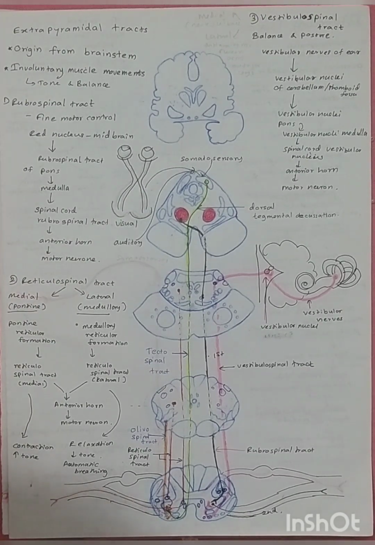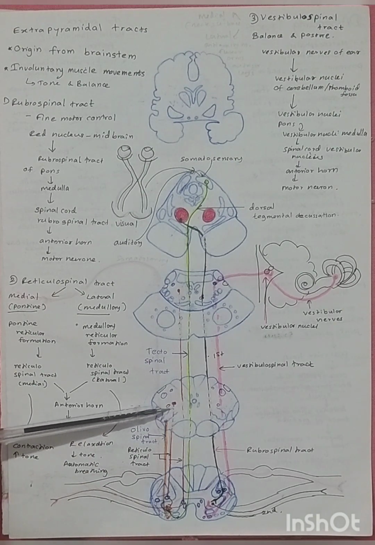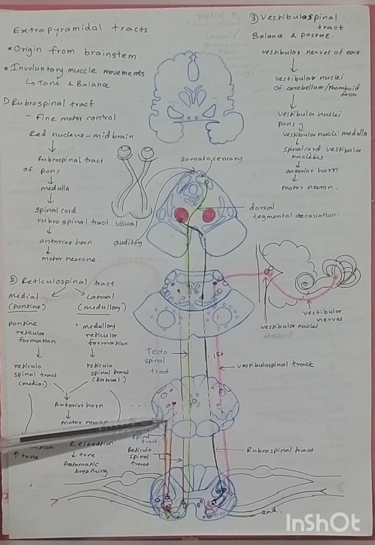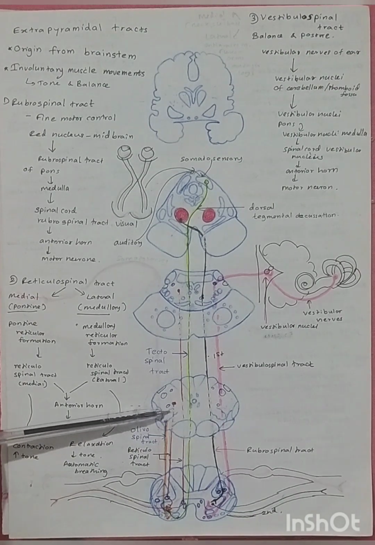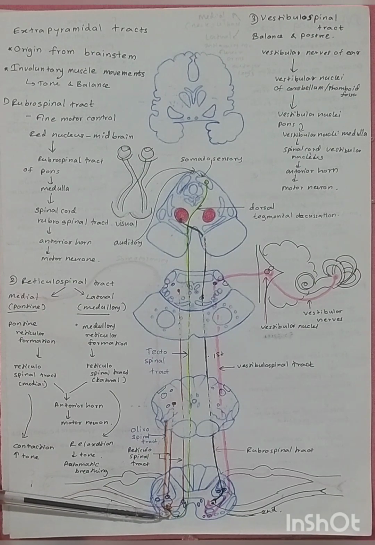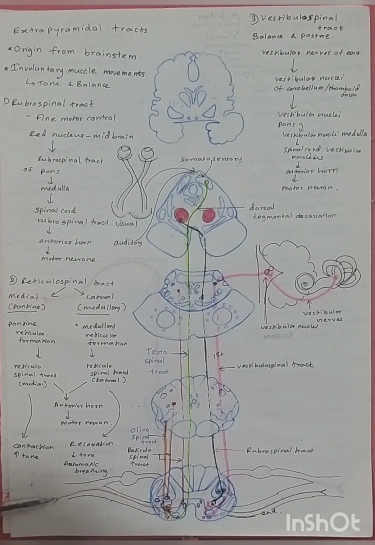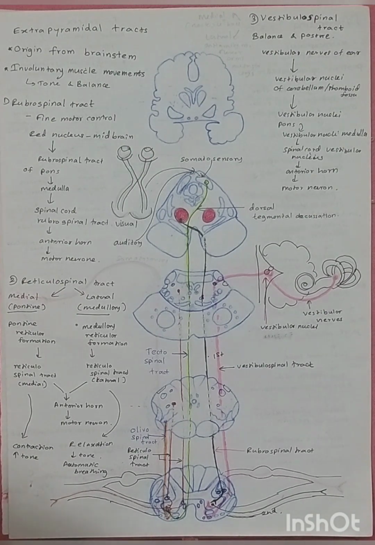The other one is the olivospinal tract. The olivospinal tract here I have drawn in the orange color. That one starts from the inferior olivary nuclei here, which is indented shape in the medulla oblongata, and descends to the olivary nucleus of the spinal cord and comes to the anterior horn, again passes through the motor neuron to the outside.